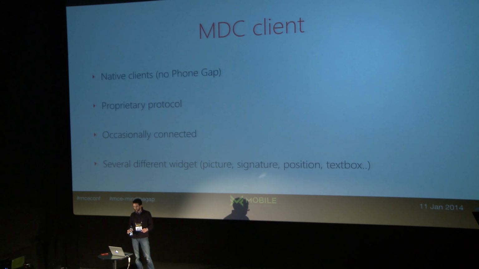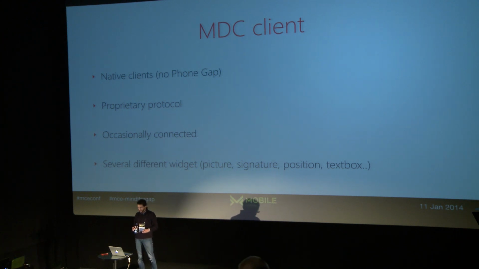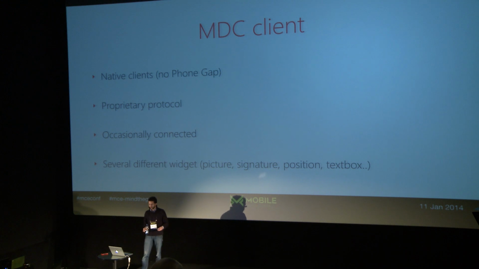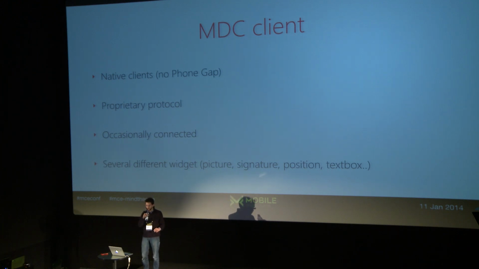We call it occasionally connected because it has to work offline, and then once it has a connection, synchronize with the server. And again, it has to be able to present several different widgets. So let's say widgets for taking a picture, taking a signature, maybe getting the position of the smartphone, and so on. So that is the context of the application.